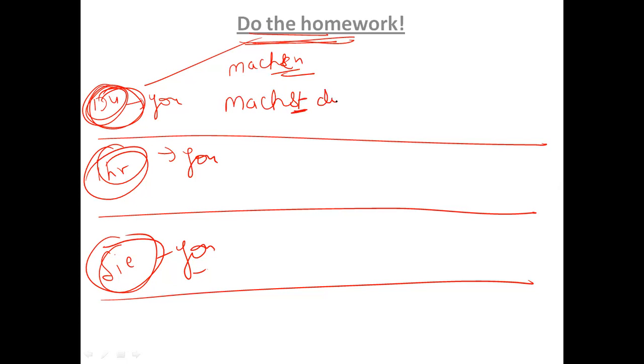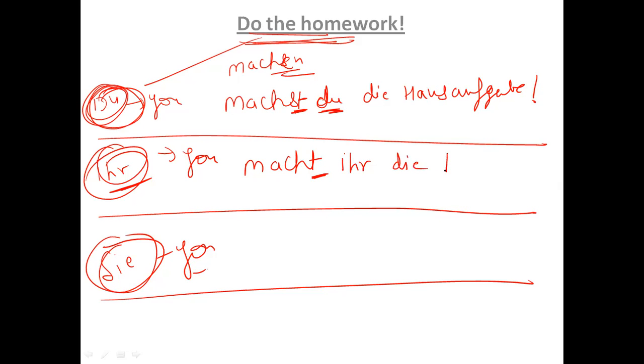Machst du die Hausaufgabe? This is the initial stage which we have learned so far, that I need to conjugate the verb, I need to write du. So if I need to write with ihr, I should write macht, because with ihr the ending is t, macht ihr die Hausaufgabe.